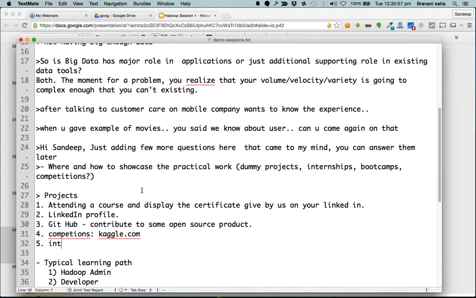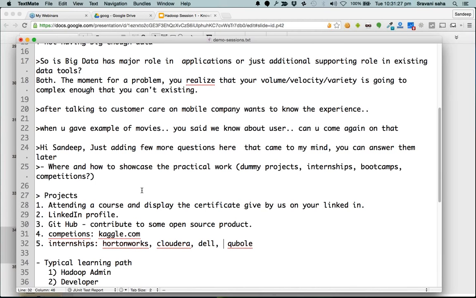With respect to internships, there are many companies offering internships, including important companies like Qubole, Hortonworks, Cloudera. They do offer internships, as well as many companies like Dell.